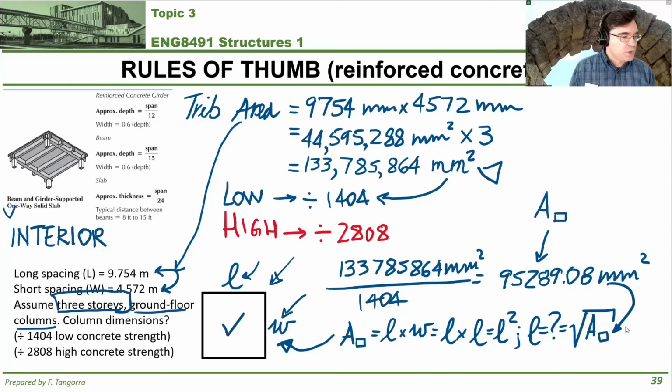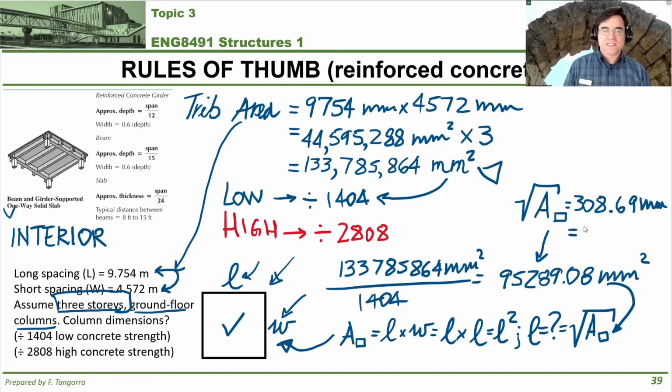When I do the square root of that number, best 2 out of 3 times, it gives me 308.69 millimeters. So that means that's my length and the width of that square column, right? No, don't forget we have to round up to the nearest 5 millimeters. So it becomes 310 millimeters.